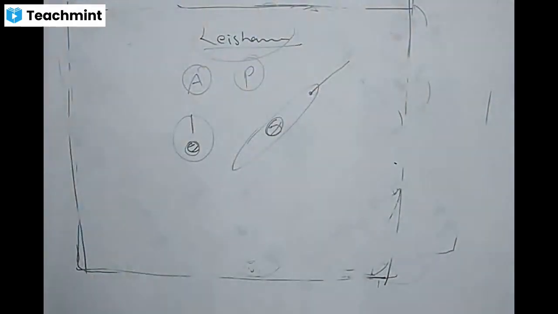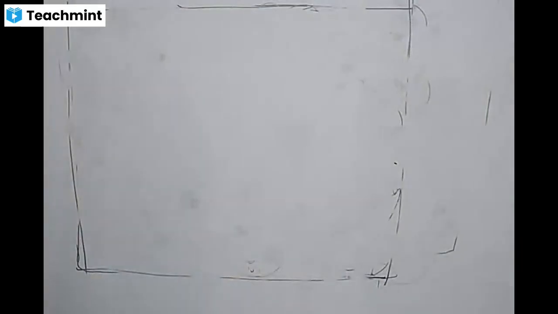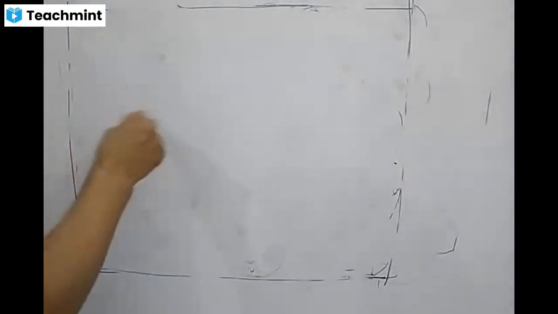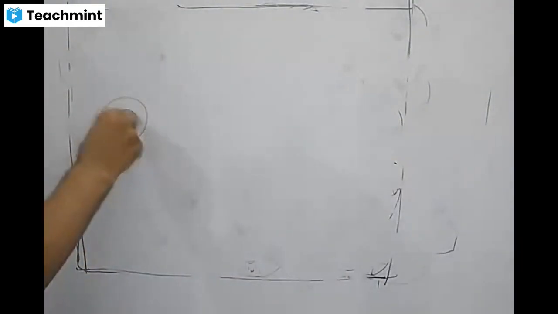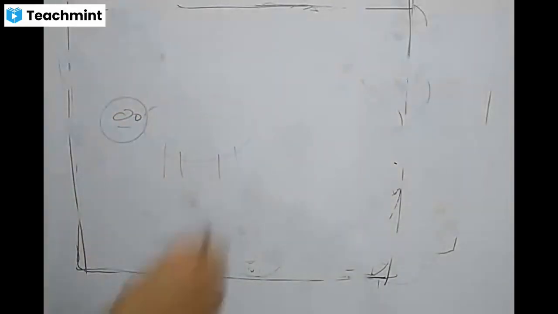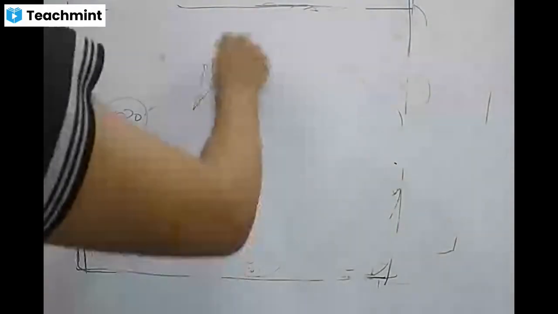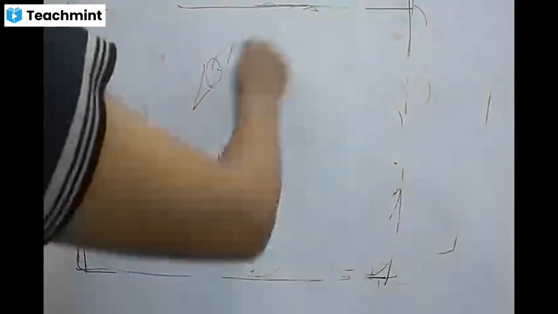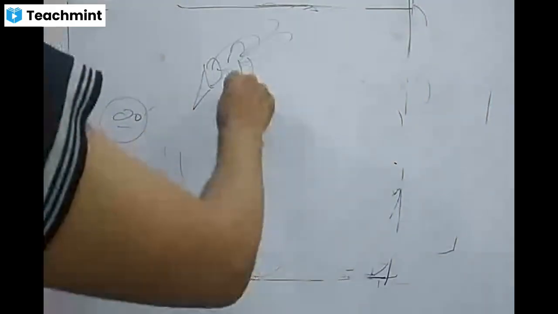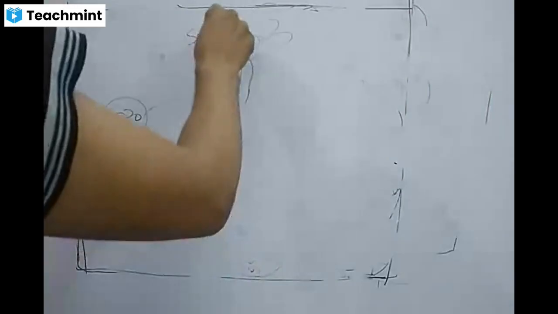So let's start with the life cycle, how the Leishmania causes disease. In case of Leishmania, this is your dog or human host. Then the fly is your sand fly.